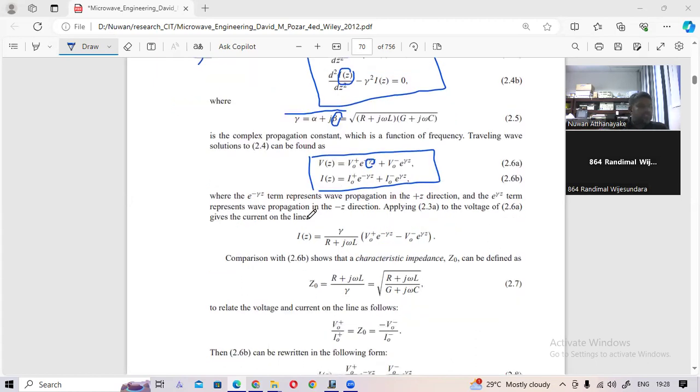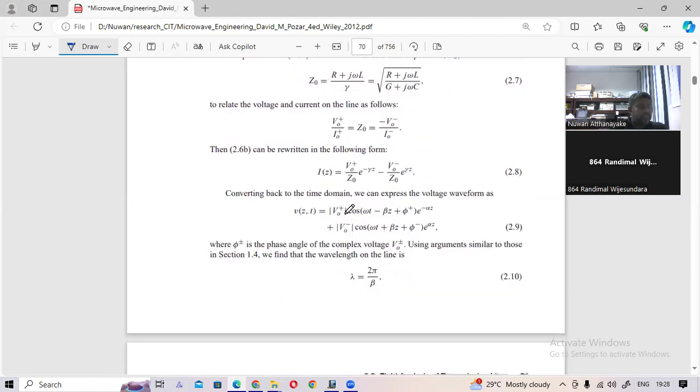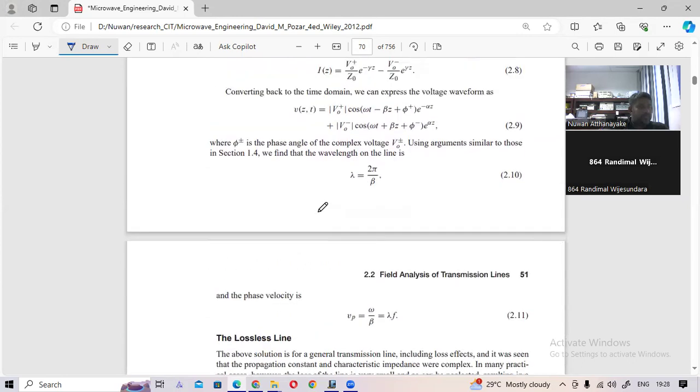So for a lossless line, this alpha can be considered as 0, so gamma is directly equal to j beta. Also we learned that the phase constant beta is equal to 2 pi divided by lambda, where lambda is the wavelength of the signal.